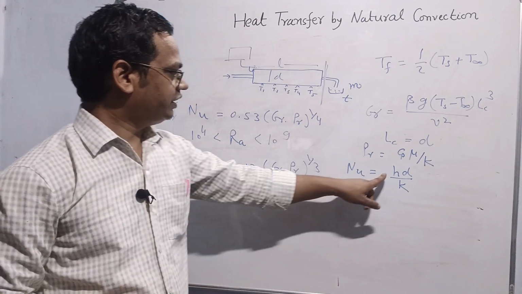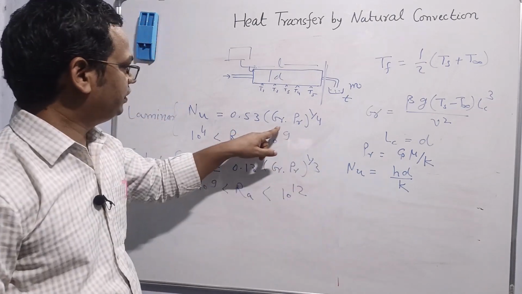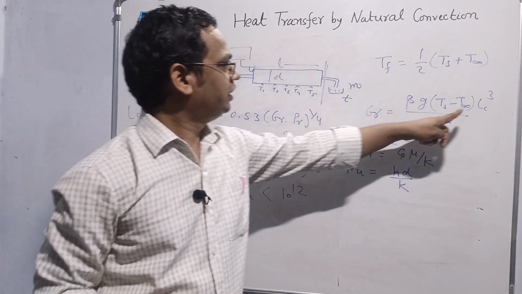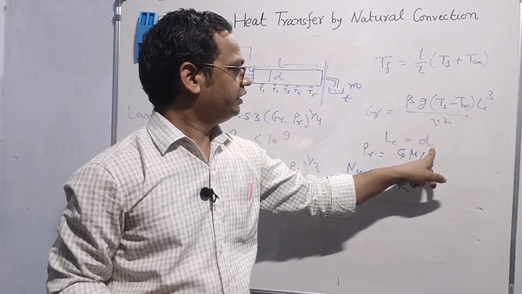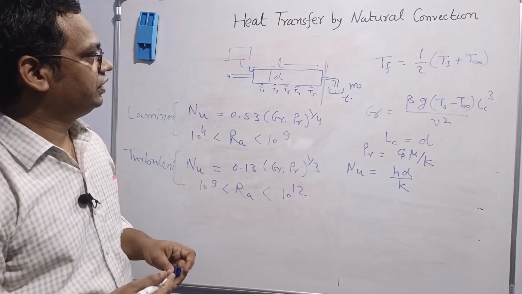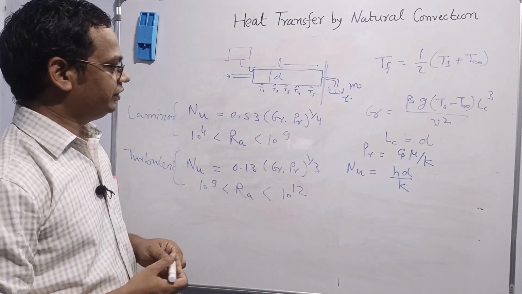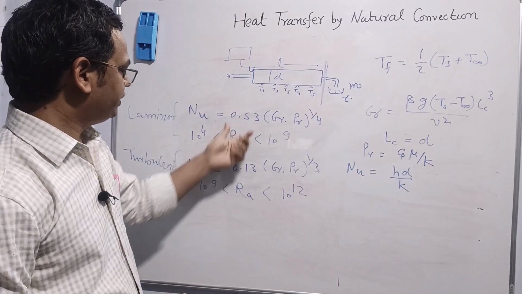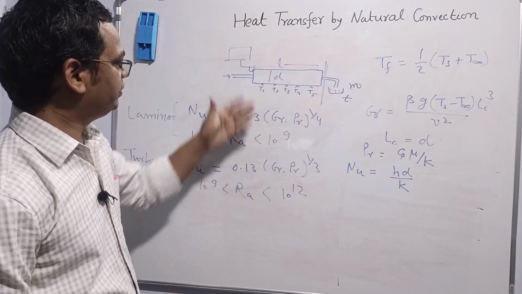Nu should be considered hd by k, and while calculating Grashof number, Lc should be considered D. So D cube will be there, not L cube. Otherwise, rest of the things will be same. The expression is slightly different compared to the vertical one.